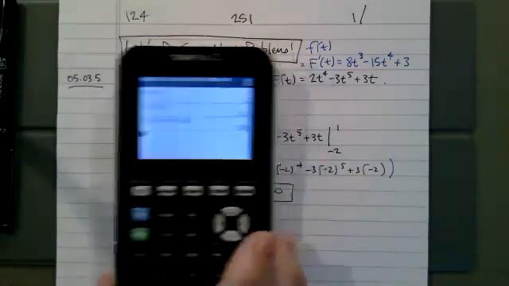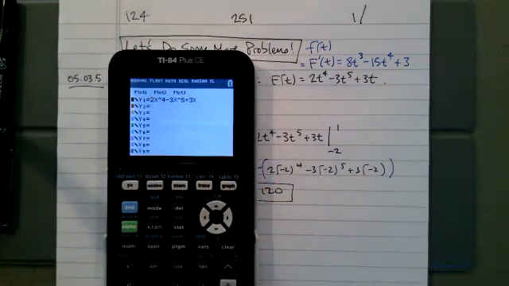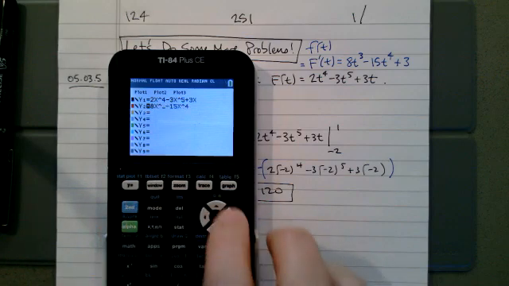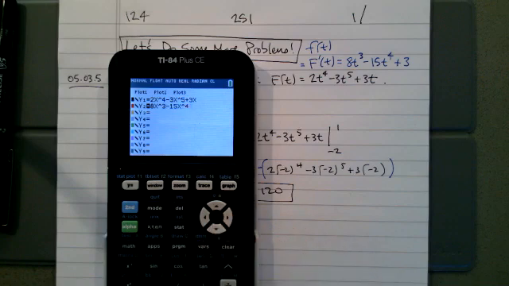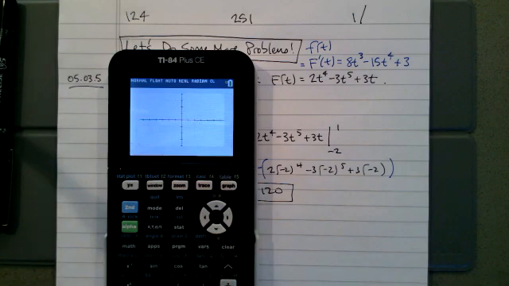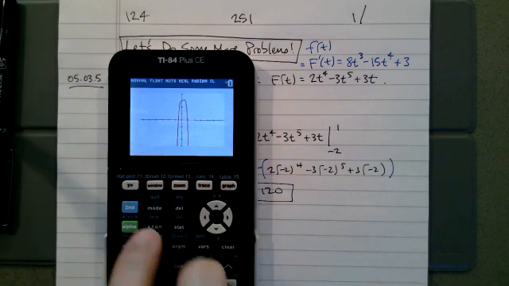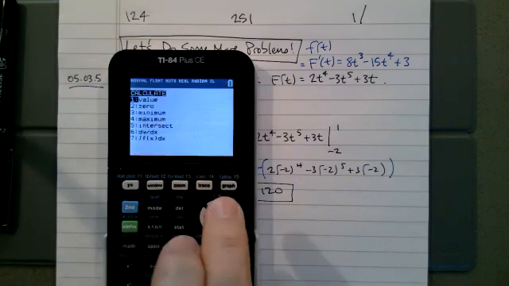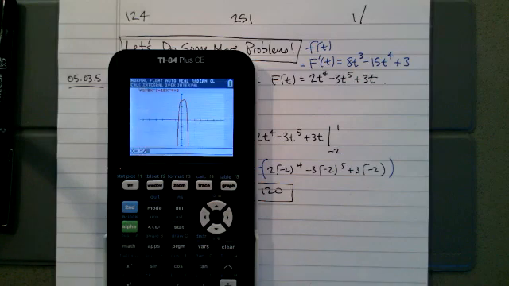If we want to verify that everything is going right, notice if we put in the derivative, 8x to the third minus 15x to the fourth plus 3, and graph this, and then calculate the integral from -2 to 1, we get the -120 that we expect.